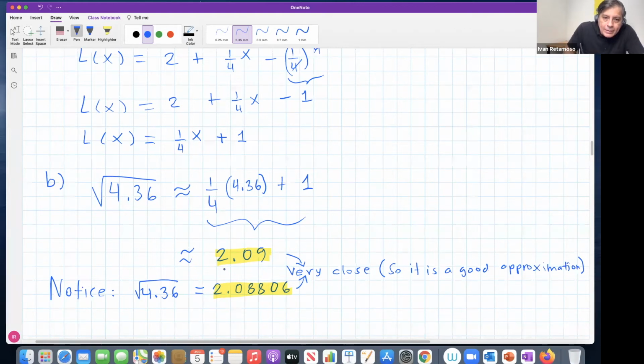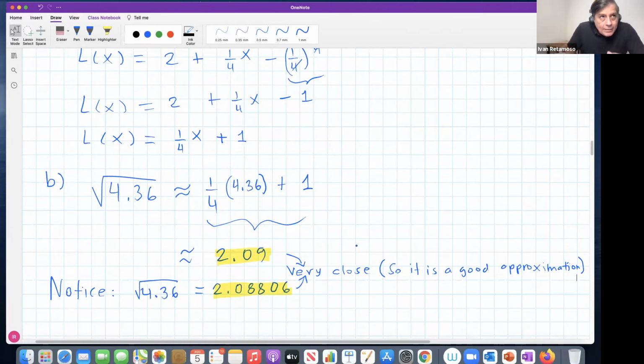This is the number that they're expecting you to give as your answer, not the exact one, right? They're close to each other, but different. So this is the one that they always want when they say use linearization to approximate this.